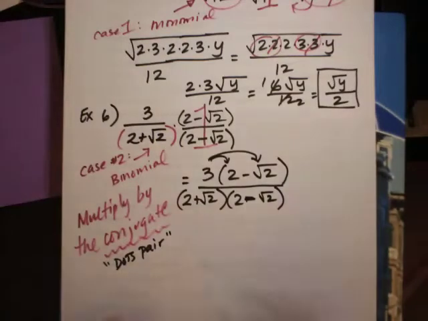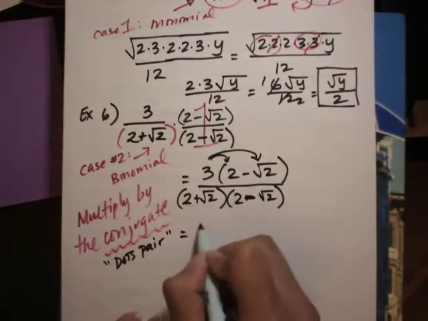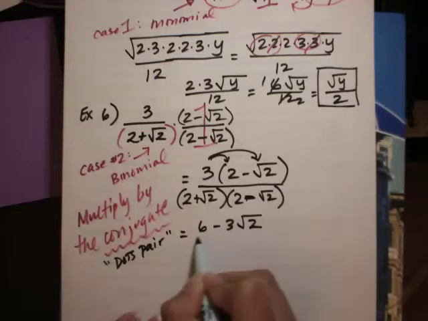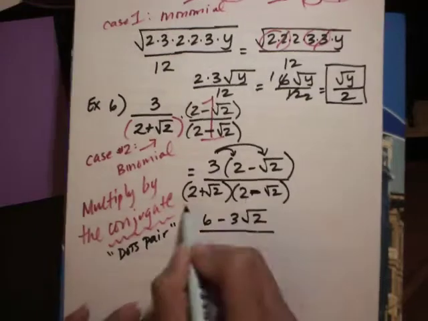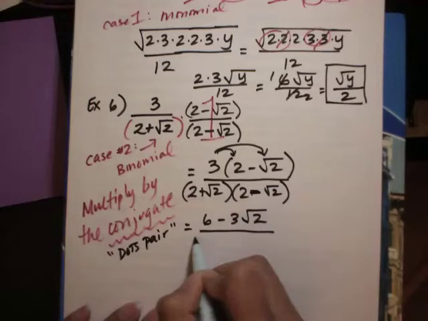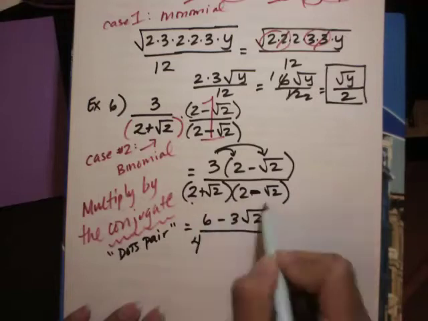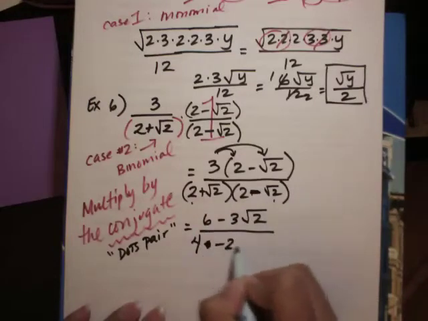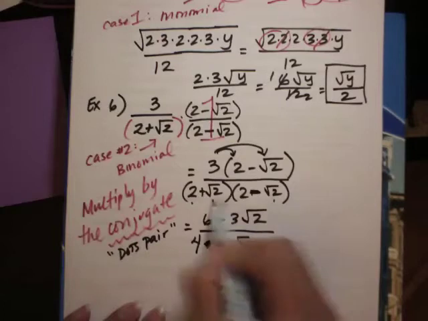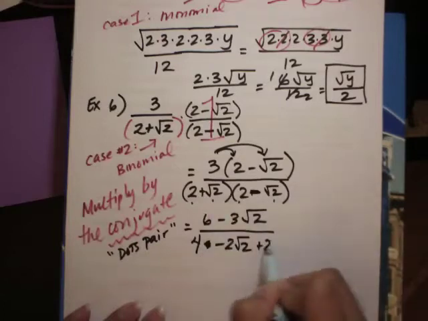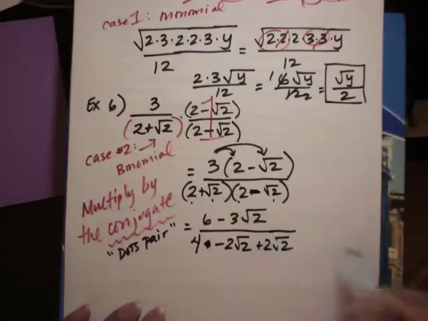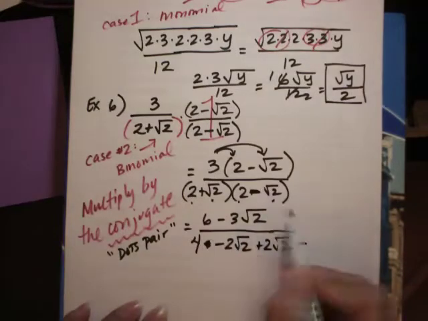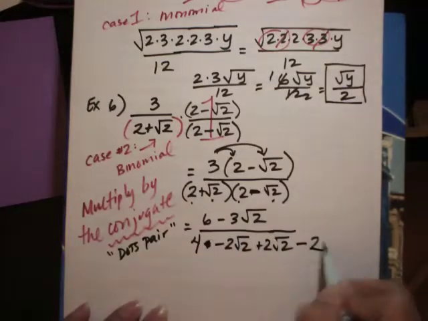When you distribute the numerator, you'll have 6 minus 3 times root 2 all over the first, which is 2 times 2 is 4. Outside, this will be minus 2 times root 2. Inside, plus 2 times radical 2. And the last, minus, now, square root of 2 times square root of 2 is 2.